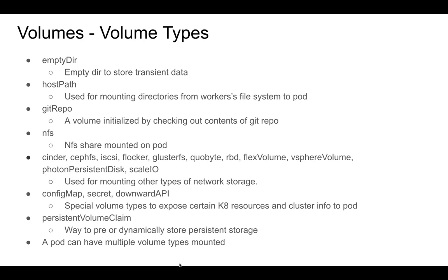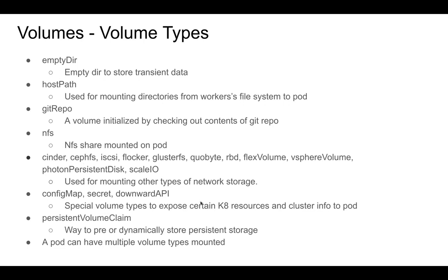We have NFS, which is a Linux system. You can have an NFS share mounted on the pods also. Then there are various other file systems: Cinder, CephFS, iSCSI, FC, Flocker, GlusterFS, and all those things. I have not worked with many of these, honestly, but these can also be mounted on the pods.